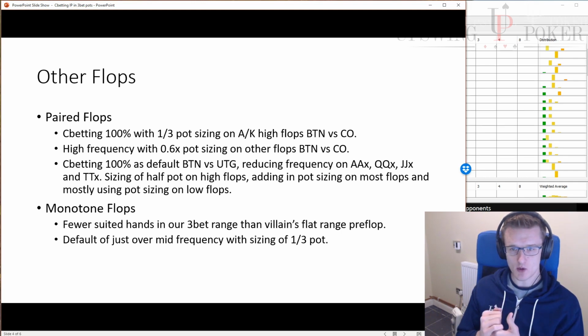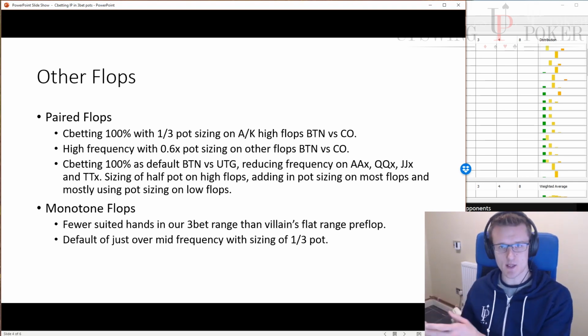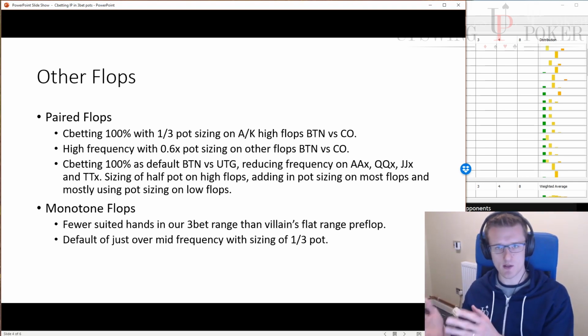We have something similar on low boards now that villain will hit them less when there are 3 low cards, and we go for high frequency on all non-ace to king high flops. So again, versus cutoff, we're worried, say on an ace 8-7-6 board or something, that our opponent's going to be hitting more 8-7s and 6s and maybe 8-7 and 7-6 and so on.